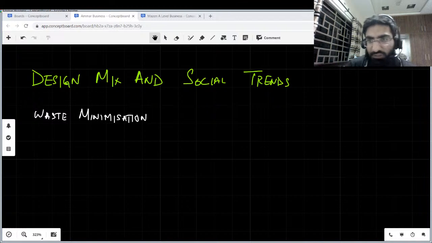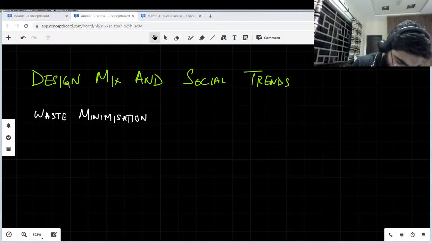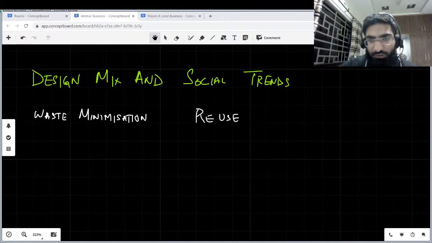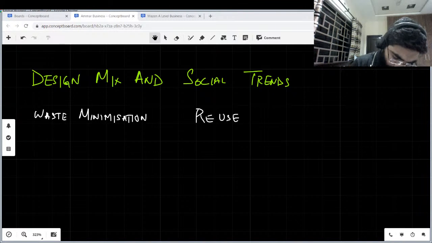You could design your product for reuse. You could design your product for recycling. And the ethical considerations might affect your design of the product.